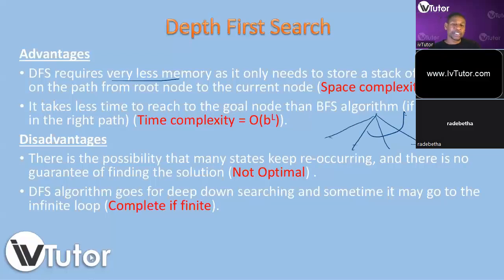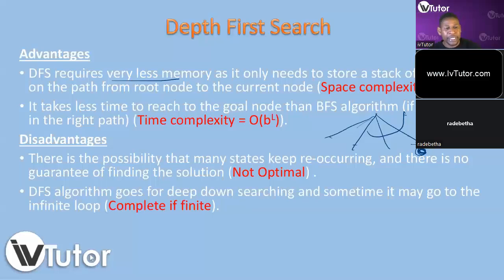If you have 5 branches and it is on the last branch, it means you have to go through all the branches, so you use the same time to find the solution, assuming the worst case scenario that it is found on the last branch. Then the disadvantage is that it is not optimal.